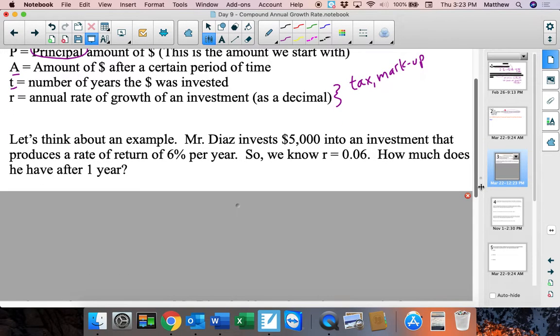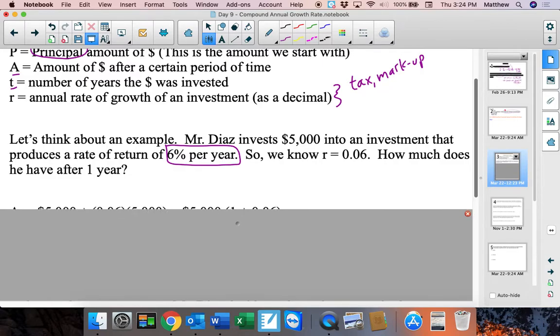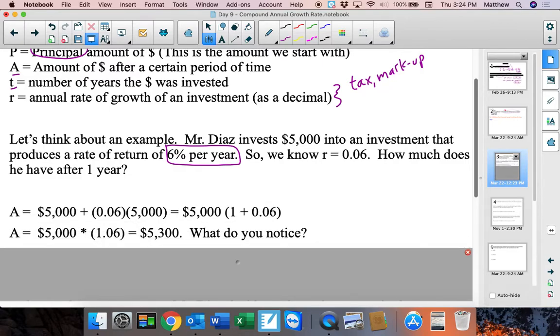If you want to write this down, you can, or you can just write the formula and you have this example here. But Mr. Diaz invests $5,000 into an investment that produces a rate of return of 6% per year. So we know R is 0.06. How much does he have after 1 year? Well, after 1 year, he has this amount.